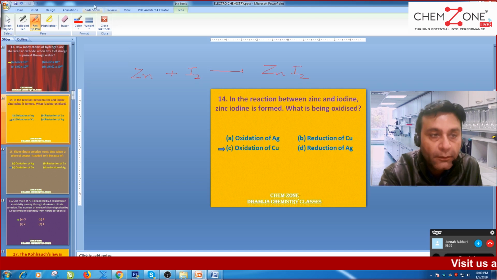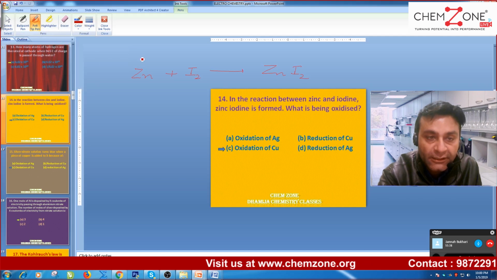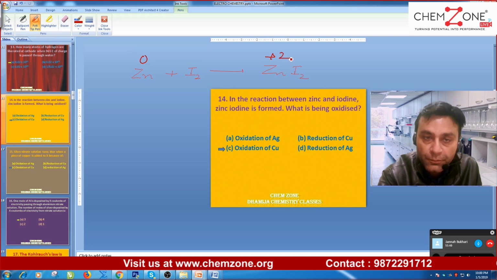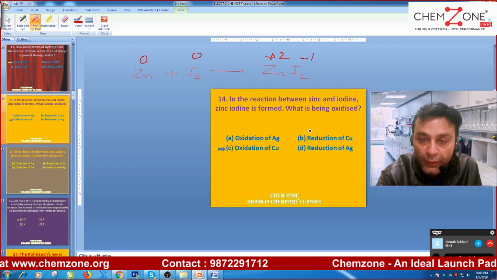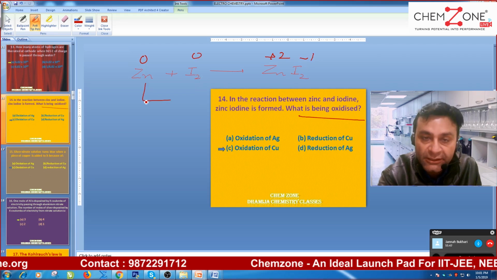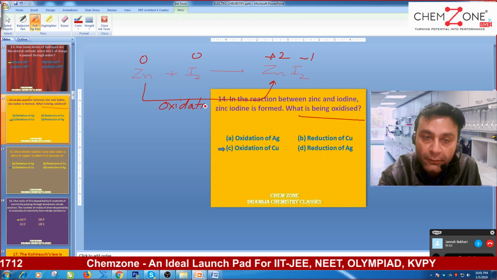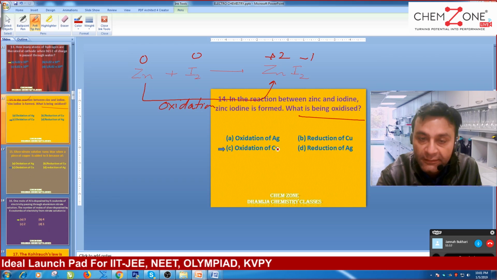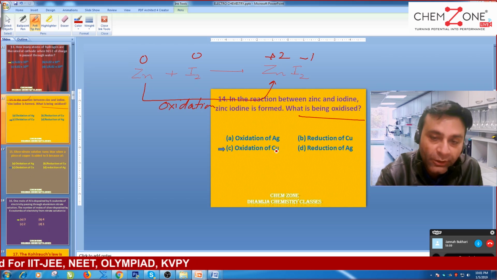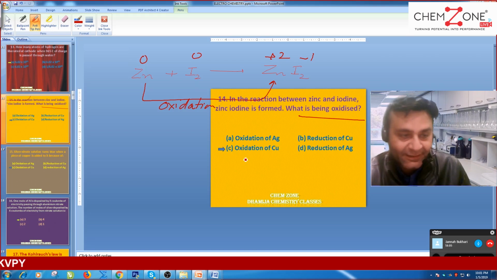Zinc goes from 0 to +2 and iodine from 0 to -1, right? So what is being oxidized? Zinc, 0 to +2. So it is undergoing oxidation, so it's the oxidation of the zinc. Yeah, it says all these options are wrong. Right. Okay. Anyways.